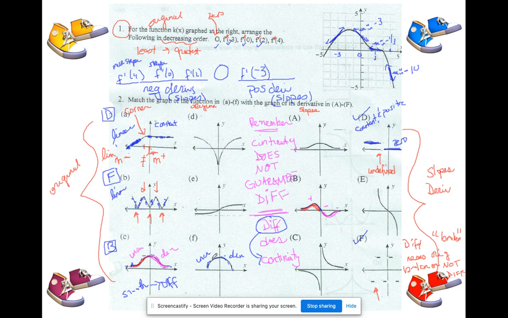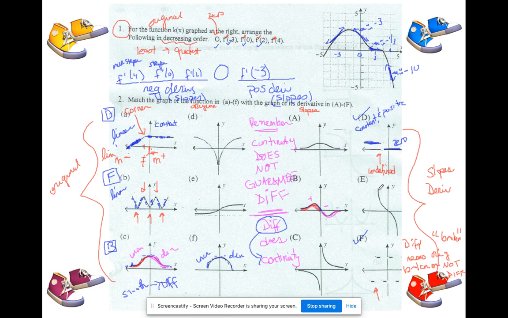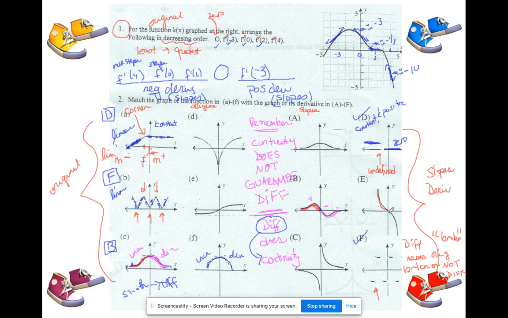Here, the slopes are always decreasing to 0, and then the slopes decrease. So slopes start out high and decrease the entire time until they hit 0. And then slopes decrease and keep decreasing. So where the slopes are positive and then change to negative, the original was increasing and changes to decreasing.